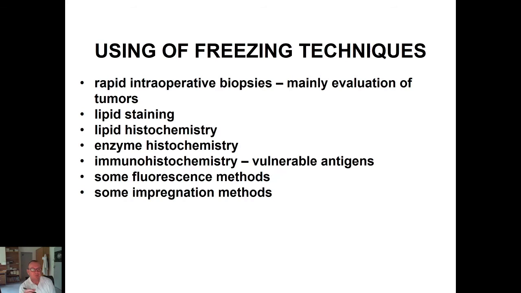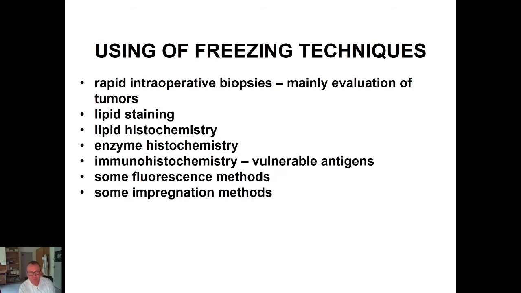The other reasons for freezing techniques are not the velocity of this examination, but the fact that some structures, some molecules, some substances are dissolved during paraffin or resin techniques, like lipids.